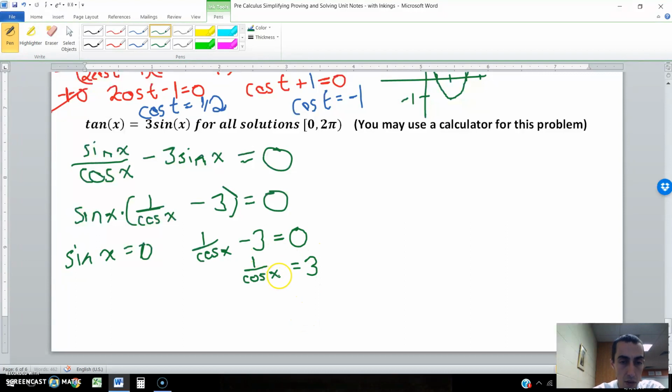Now I need to find out what cosine of x is. So I'm going to multiply both sides by cosine of x to get it out of the denominator. And then I'm going to divide both sides by 3.